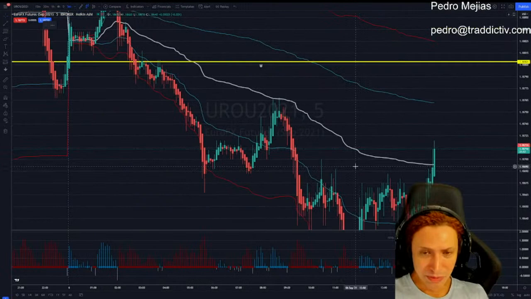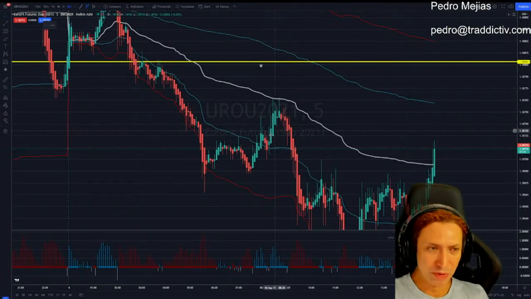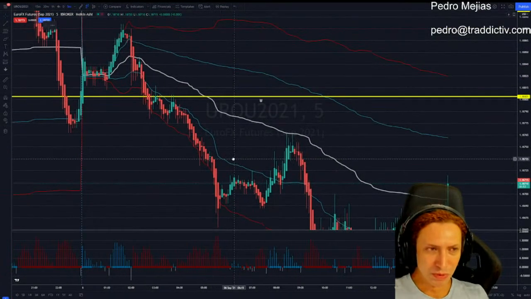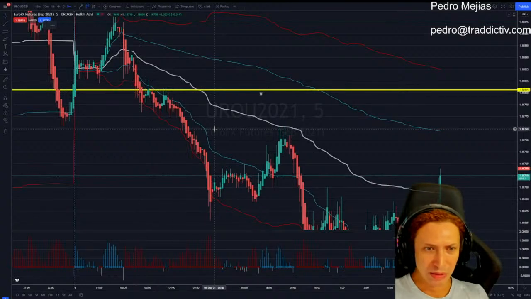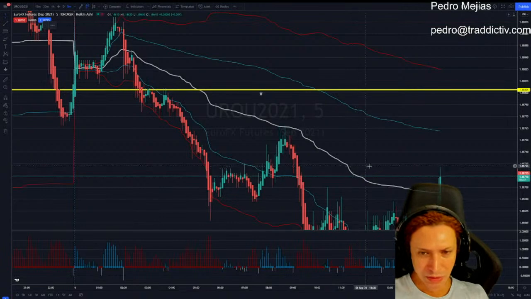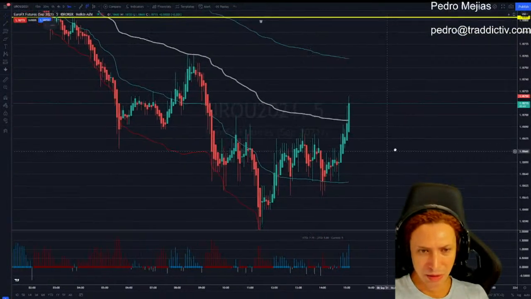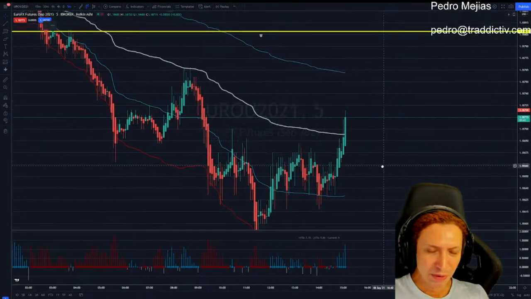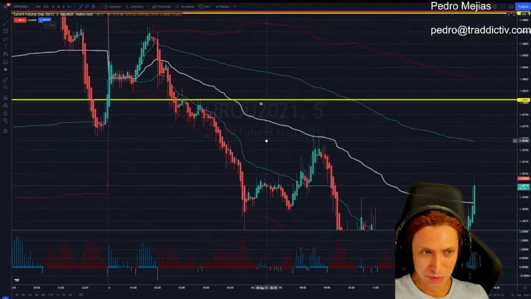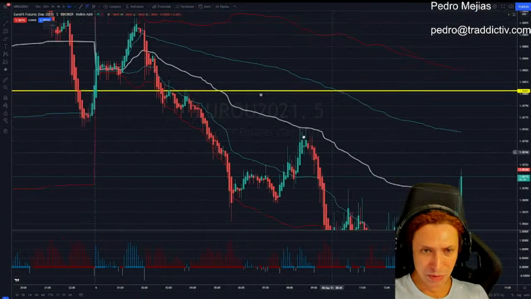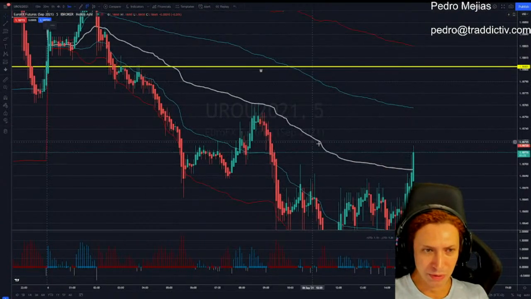Because it opened high here, then it went down. So these are a few things you can take into account when deciding your bias when you are about to trade. One of the most important things is to get a bias. You're going to buy or you're going to sell. So far, I think we can take some very nice opportunities selling the euro.